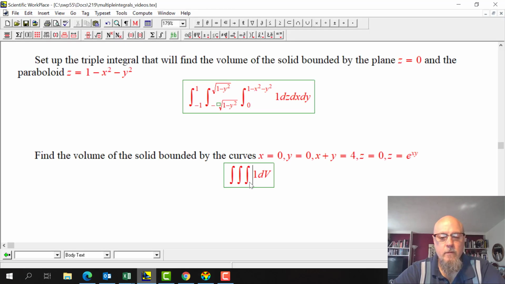So we're going to start at the curve z equals 0 and go to the curve z equals e to the xy. Now that means I'm starting with dz first, like we did before, and that will turn it into the double integral that we would do if we were trying to do that volume with the double integral.